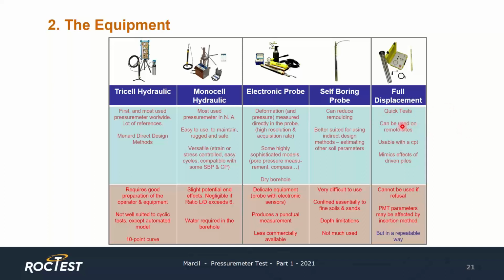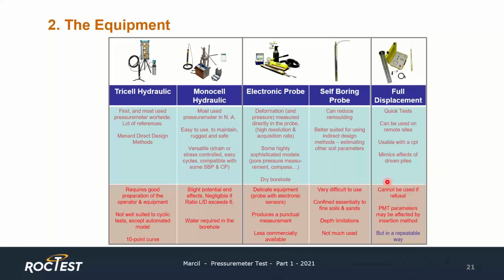Also, it can be used on remote sites, where it is hard to bring a drill rig. Also, it can be used with the CPT probe at the same time. And finally, it mimics the effect of driven piles, which can be interesting for the design of these driven piles.